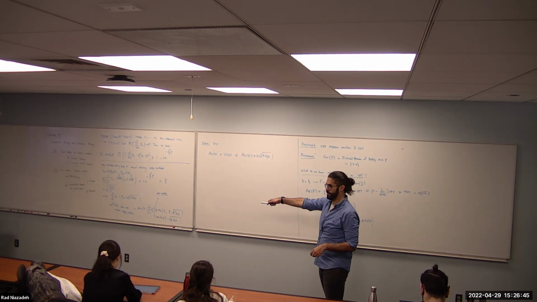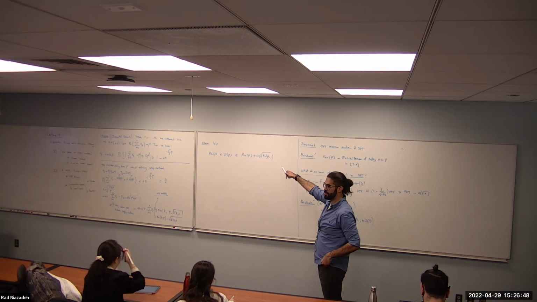Is it clear why that lower bound on the number of sales implies this?